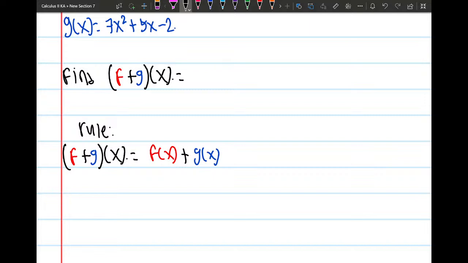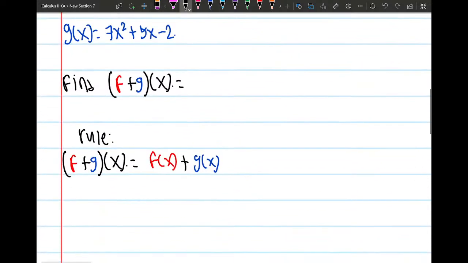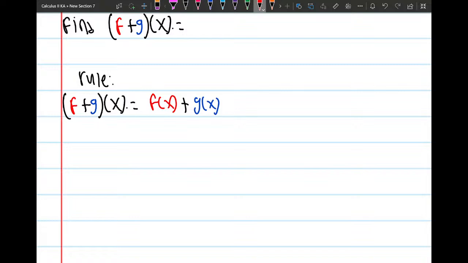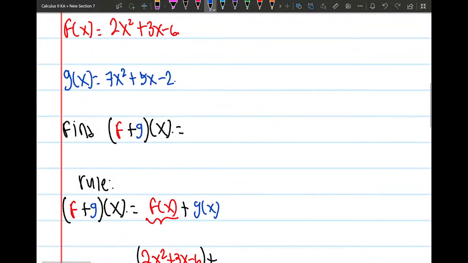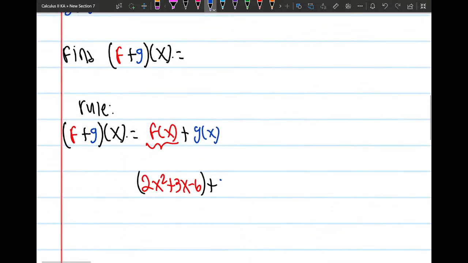So basically, using this rule, we know that f of x is 2x squared plus 3x minus 6. And we know that g of x, so plus g of x, was 7x squared plus 5x minus 2. And I always like to put parentheses.